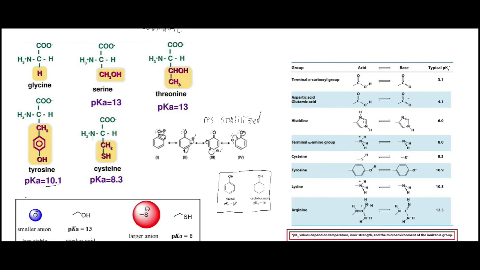The phenol has a pKa of 10, the cyclohexanol has a pKa of 16, so that has a fairly large impact on the pKa.